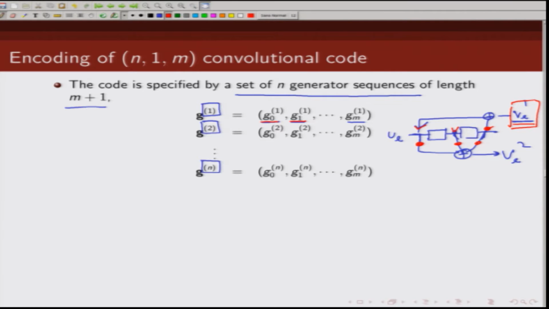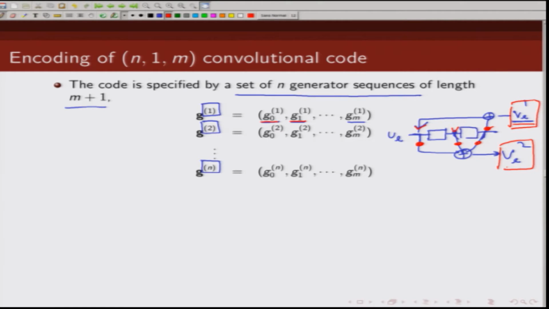Similarly, look at the second bit. Here also these m plus 1 connections will completely specify whether a particular bit or the past bits are taking part in the output coded bit.